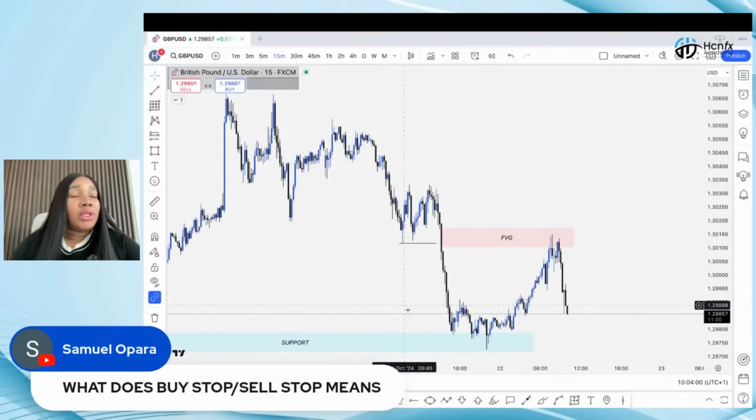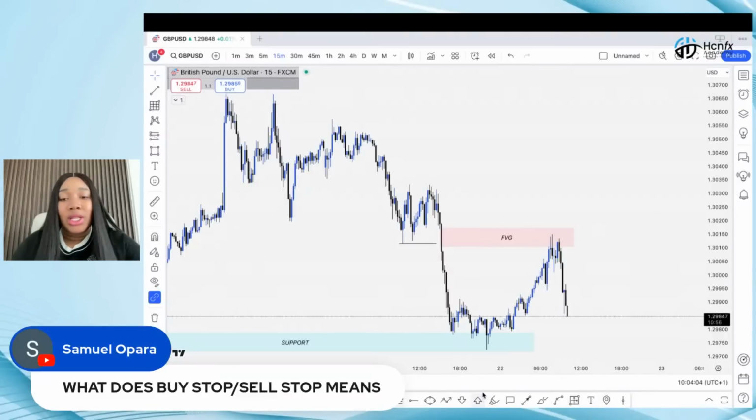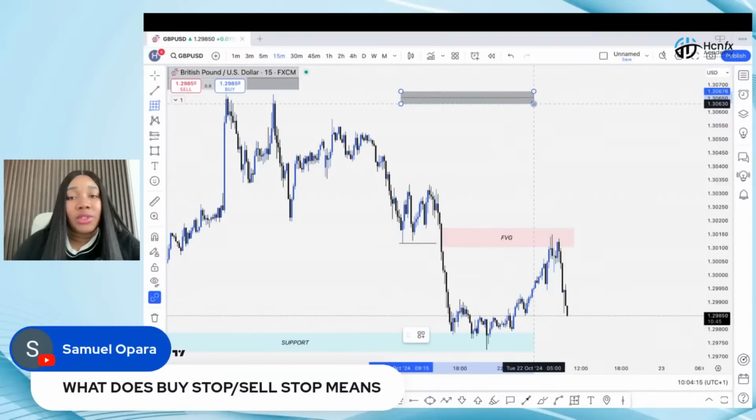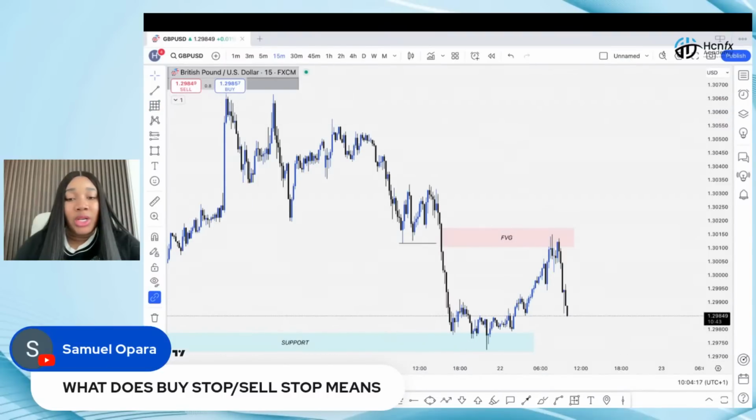Now, when it comes to buy stop and sell stop, buy stop simply means you want to buy above market price. And mainly, the strategy that suits that particular setup is the breakout strategy.